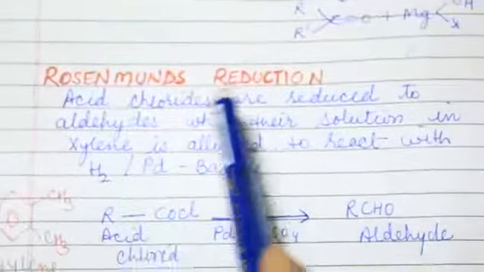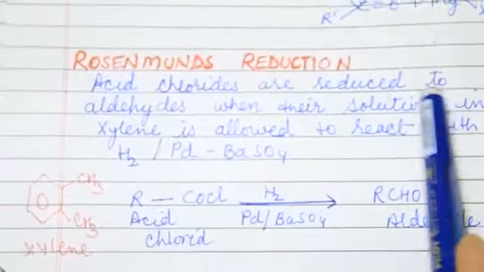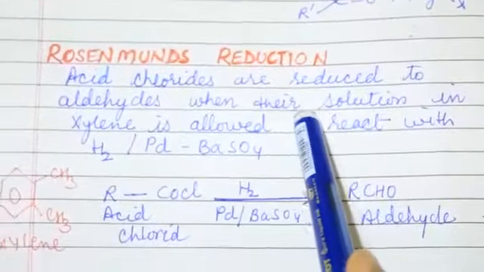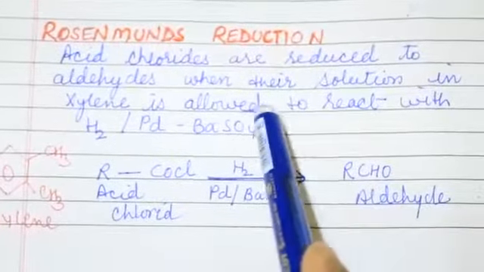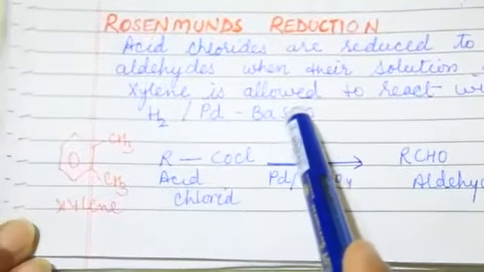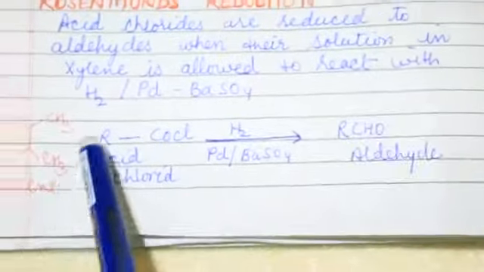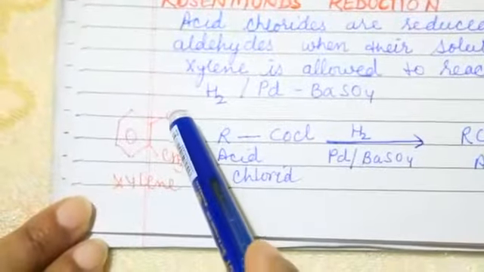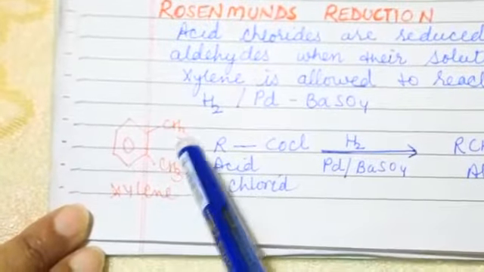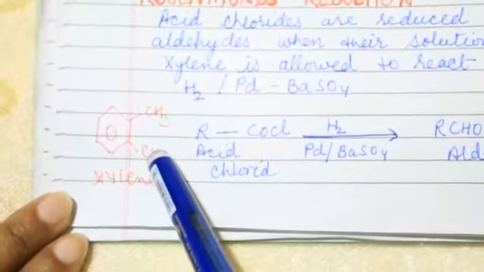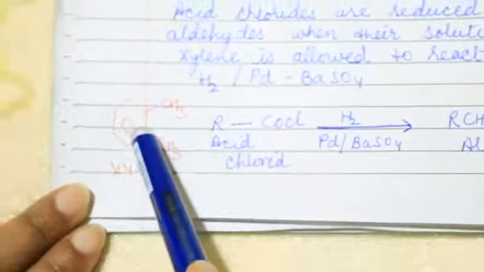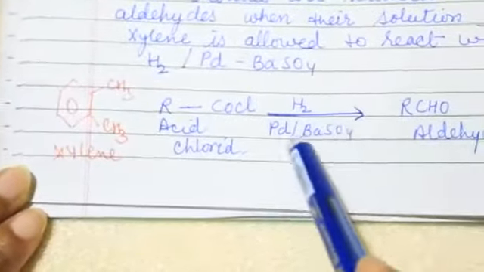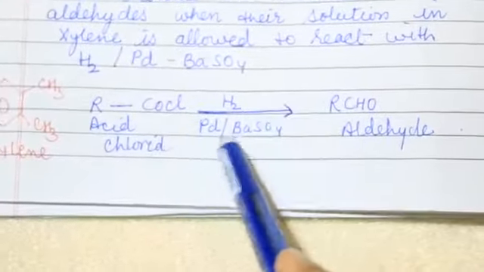Now, Rosenmund reaction: acid chlorides are reduced to aldehyde when their solution in xylene is allowed to react with H2, Pd, BaSO4. This is xylene. Xylene is what? When in ortho or meta position there is a CH3 alkyl group attached. Now this xylene solution is allowed to react with this catalyst.